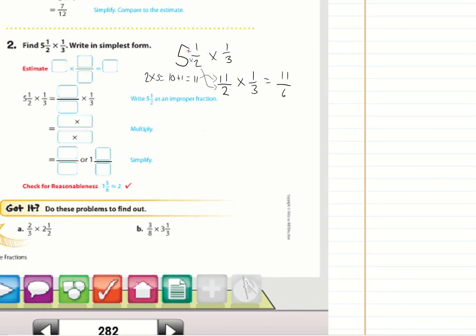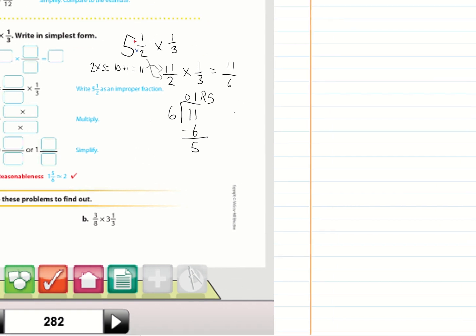So now that we have our answer as an improper fraction, we need to change the improper fraction back into a mixed number. So remember, fractions are just division problems. So 11 over 6 is the same as 11 divided by 6. 6 goes into 1 zero times, 6 goes into 11 once. 1 times 6 is 6, subtract, 5. So you get 1, remainder 5.